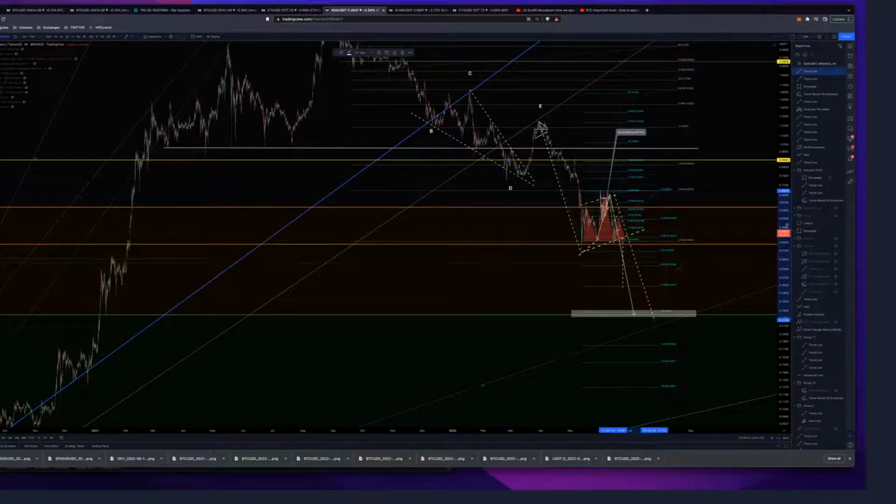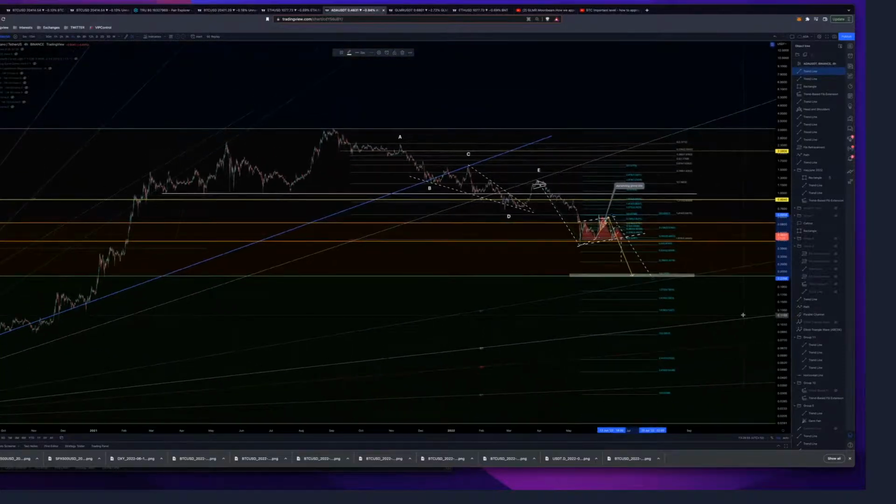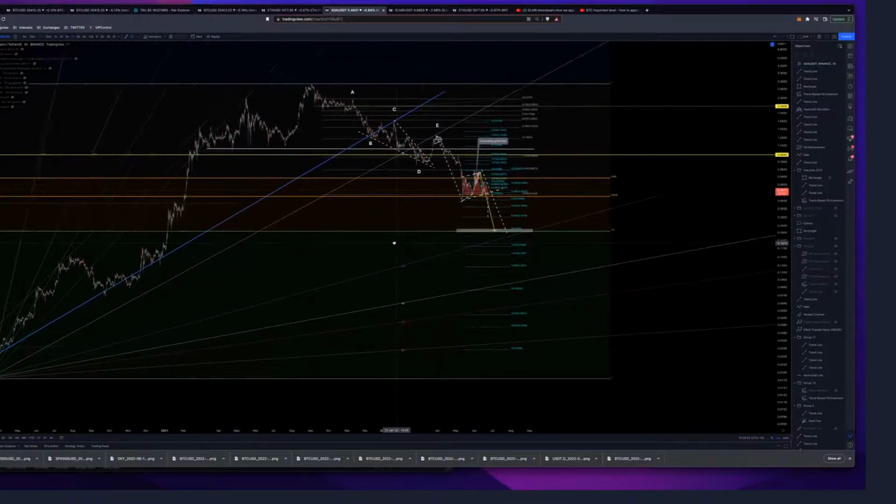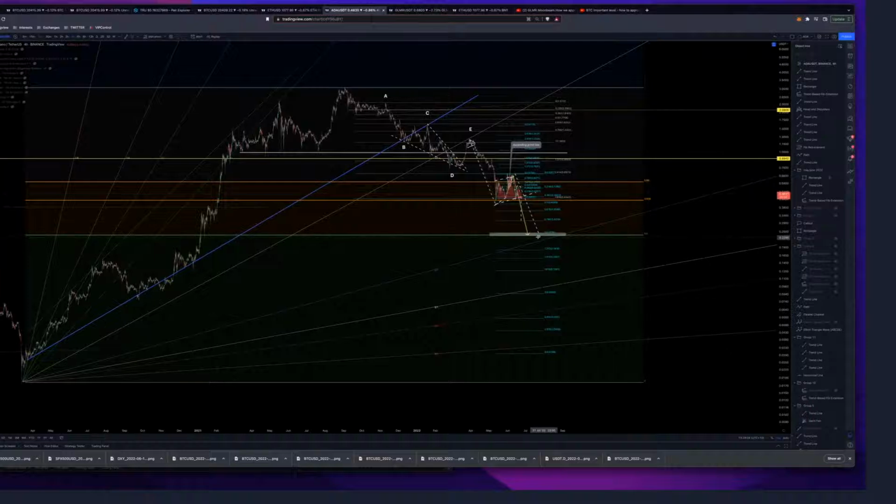And now I'm seeing that fib fan is also in line with that. So this fib fan is also playing a part, and the macro Fibonacci of 0.5 is also playing a part. So this measured move has a lot of confluence, and let's just add some moving averages.